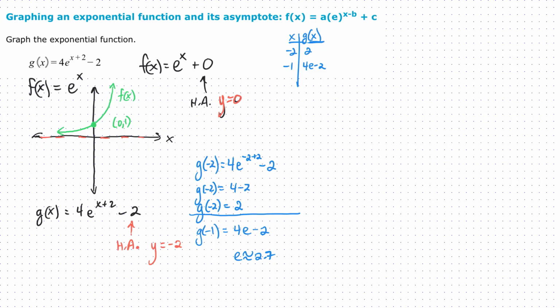So let's do 4 times e and then subtract 2. Turns out 4e minus 2 is equal to 8.873127... So why don't we round that to 8.9 or 9? Yeah, say it's 8.9. For graphing purposes, it's going to be good enough to round that to 8.9.